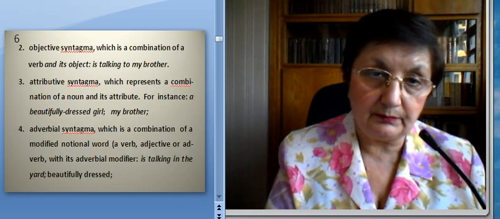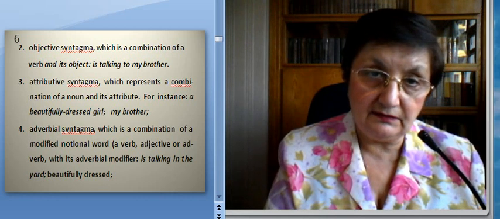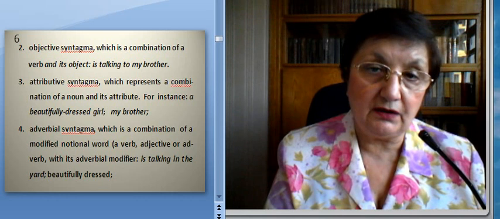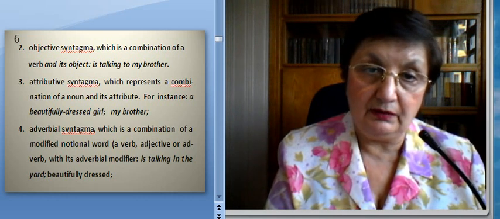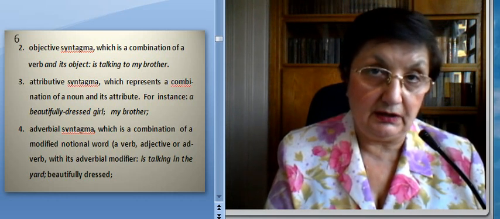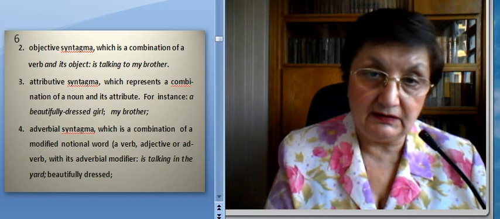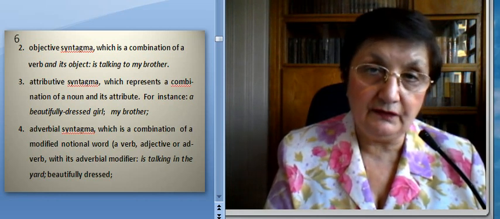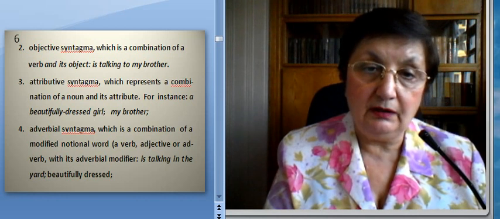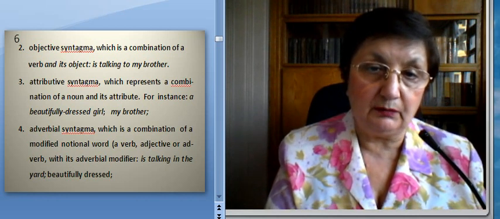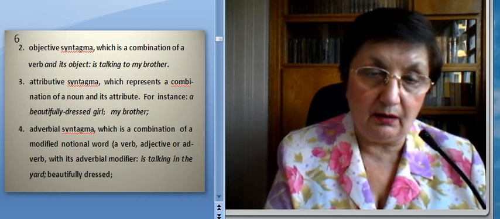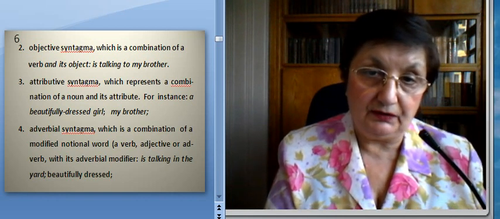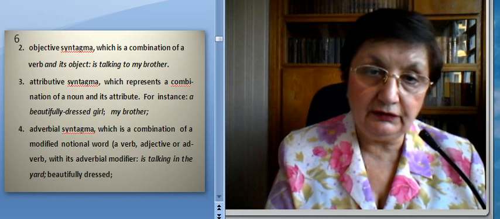The second syntagma is objective syntagma, which is a combination of a verb and its object. In our example, it is talking to my brother. The third type of syntagma is an attributive syntagma, which represents a combination of a noun with its attribute. For instance, a beautifully dressed girl and my brother.